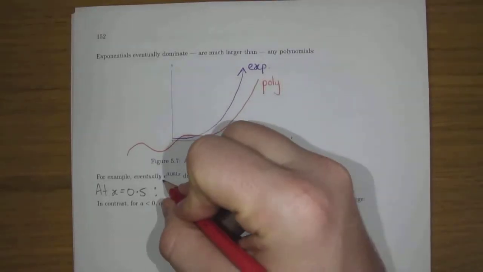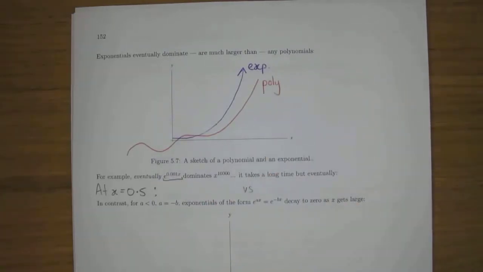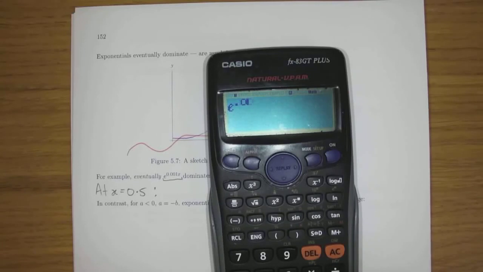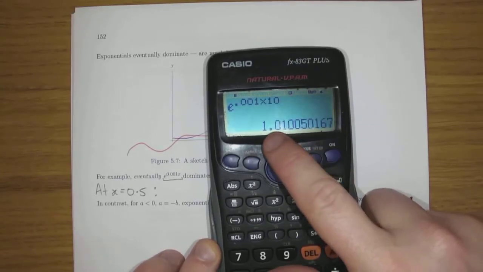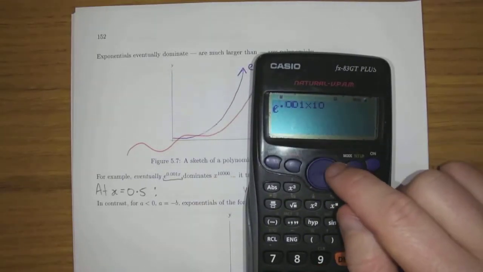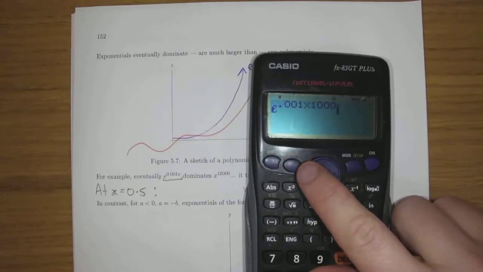So basically what happens is for quite a while, this number is actually not that big. For example, e to the power of 0.001 by 10, it's very small, whereas 10 to the power of 10,000 is enormous. But if you keep putting bigger numbers into this, it gets bigger and bigger and bigger.